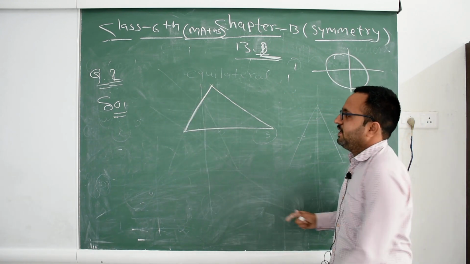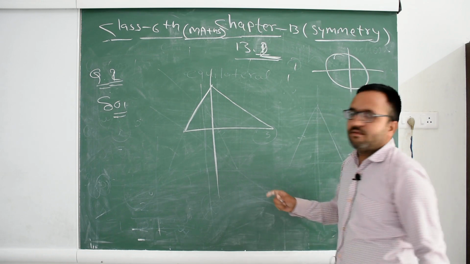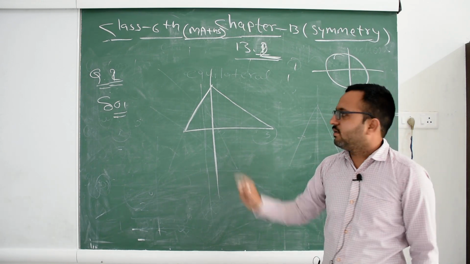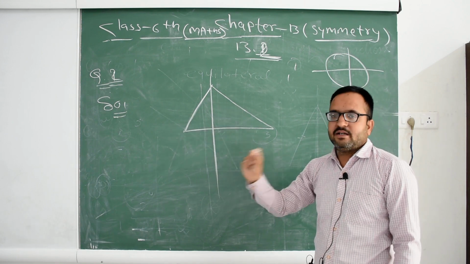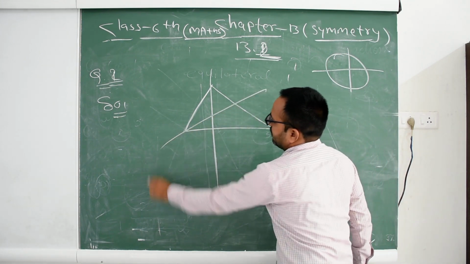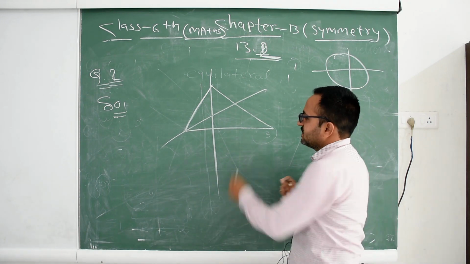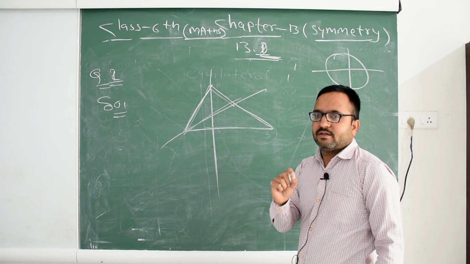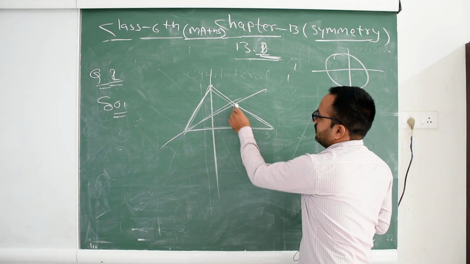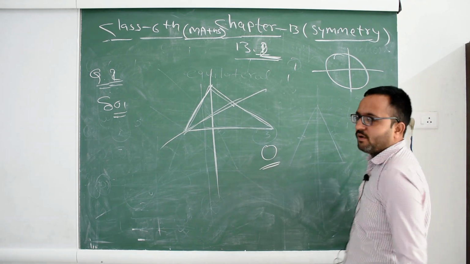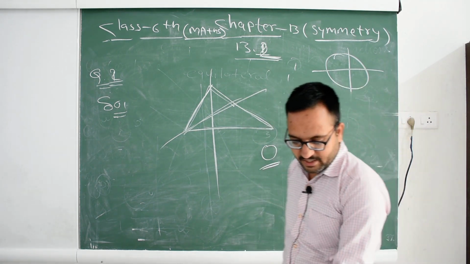So we never draw any line of symmetry in a scalene triangle because all three sides are unequal. Okay, so if we draw any line, these parts are never equal. Okay, so in a scalene triangle we have zero lines of symmetry.